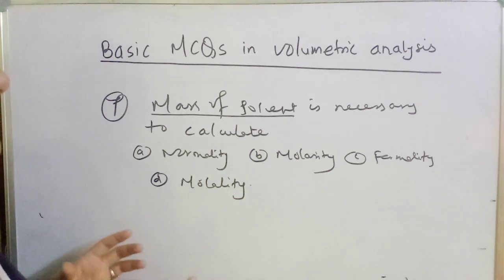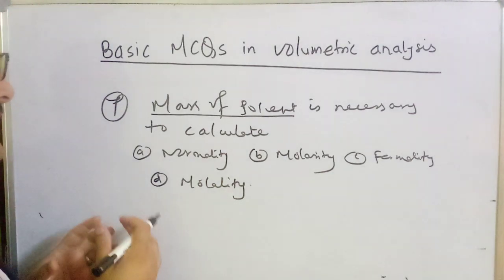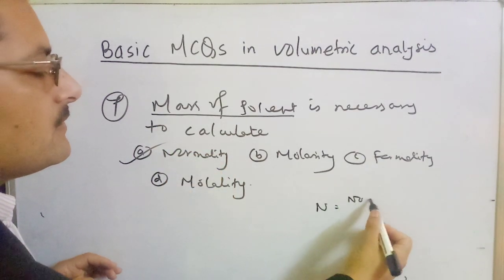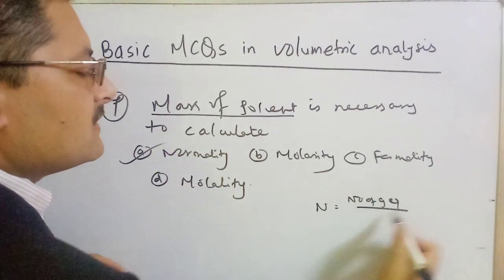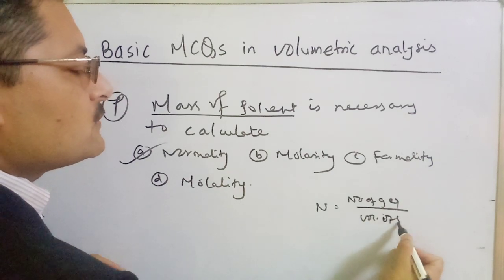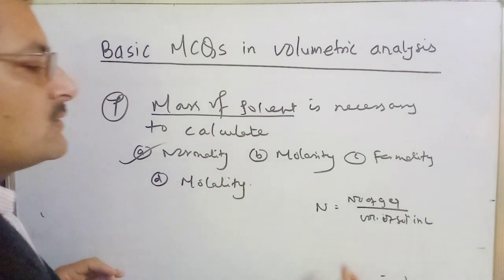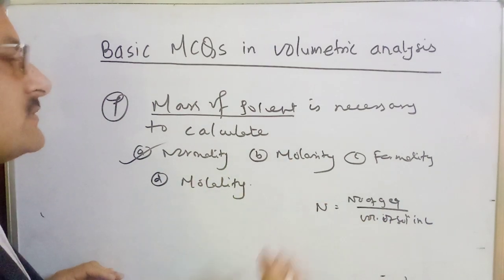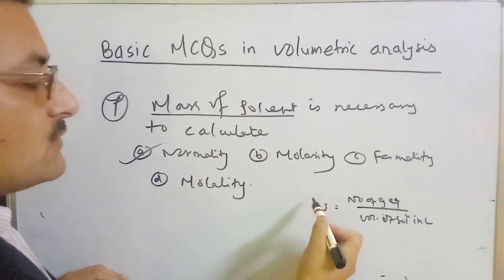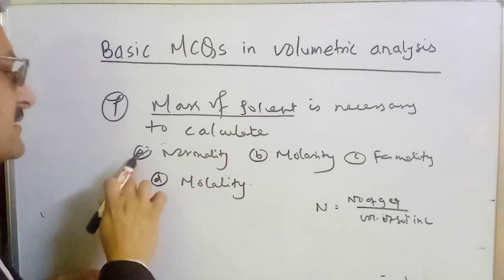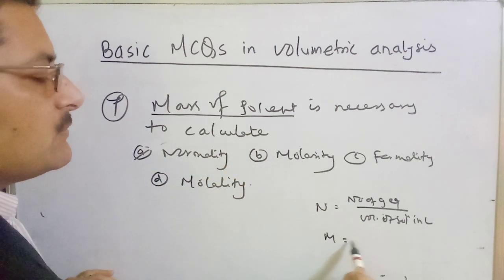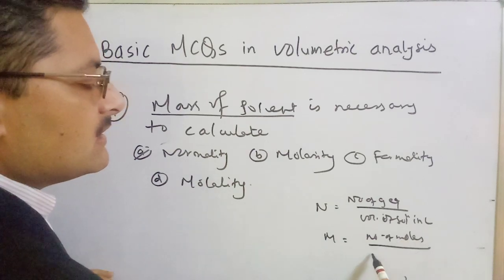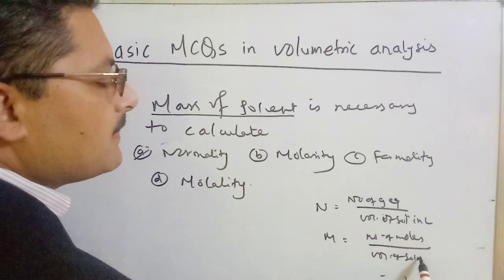So you must see that normality equals number of gram equivalents upon volume of solution in liter. So there is no concern about the mass of solvent. So normality is not the answer. Molarity is number of moles of solute divided by volume of solution in liter.